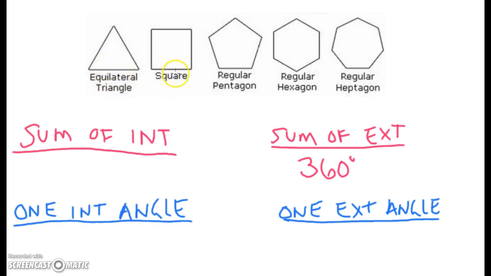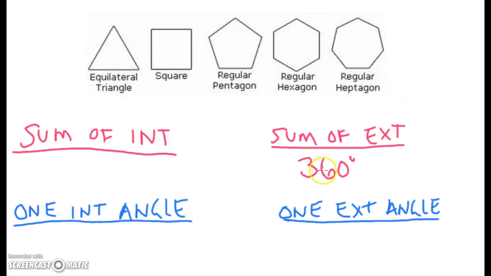An equilateral triangle, a square is a regular quadrilateral where all 4 sides are the same. Regular pentagon means all 5 sides are the same. Regular hexagon, all 6 sides are the same. A heptagon has 7. And then you can keep going, like an octagon has 8 and a nonagon has 9. But these 2 down here, one interior and one exterior angle, only work when all of the interior angles and exterior angles are the same.